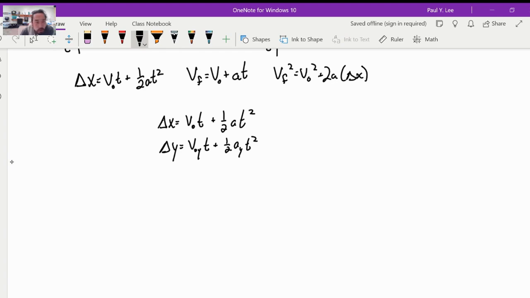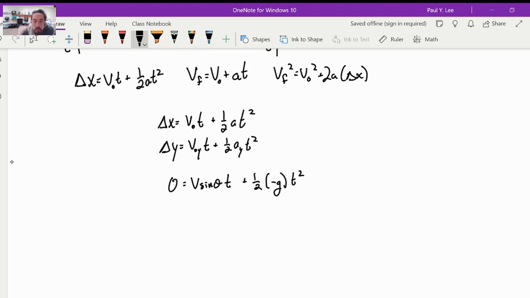So our delta y, because we started off on the floor and we'll land on the floor, is actually 0. Our v initial y, we said that was v sine theta, and we're looking for the time t, plus 1/2, that a is g, but because it's downwards, we're going to say negative g, t squared.